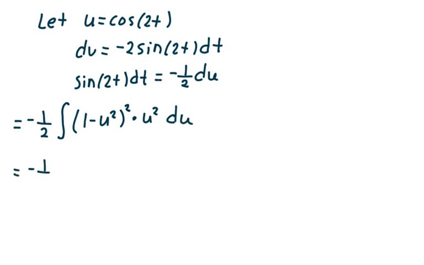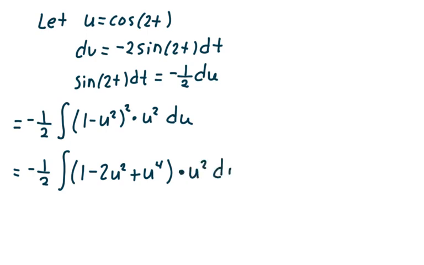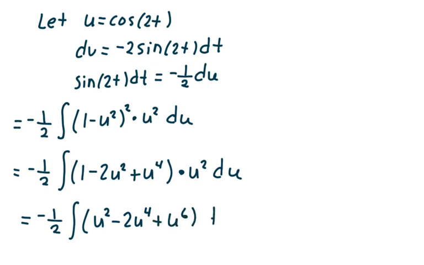So this is negative 1/2 times the integral of 1 minus 2u squared plus u to the fourth, and then this is times u squared du. Now I need to distribute that u squared inside. So this is negative 1/2 the integral of u squared minus 2u to the fourth plus u to the sixth du.